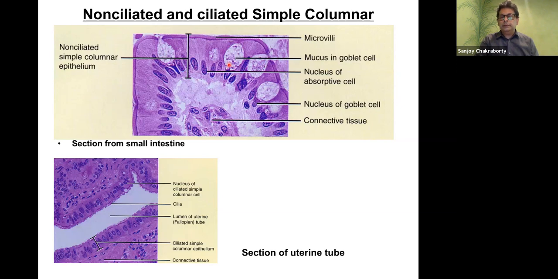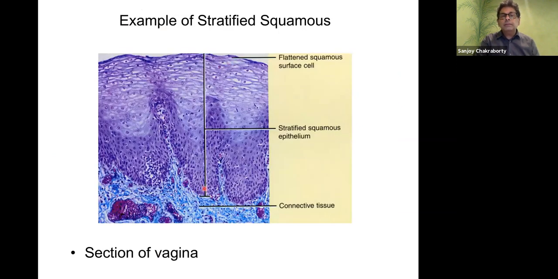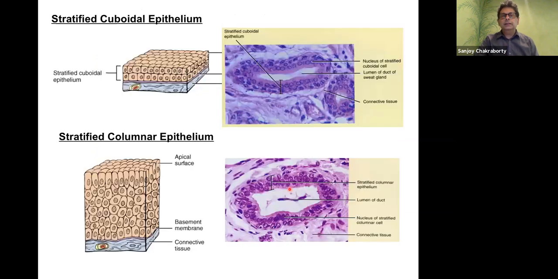Okay. Then this is stratified squamous. It's multiple layers of squamous, a section taken from the vagina. Stratified cuboidal cells are rare, like a sweat gland lining, where we may have stratified cuboidal, multiple layers of cuboidal. That is stratified columnar.